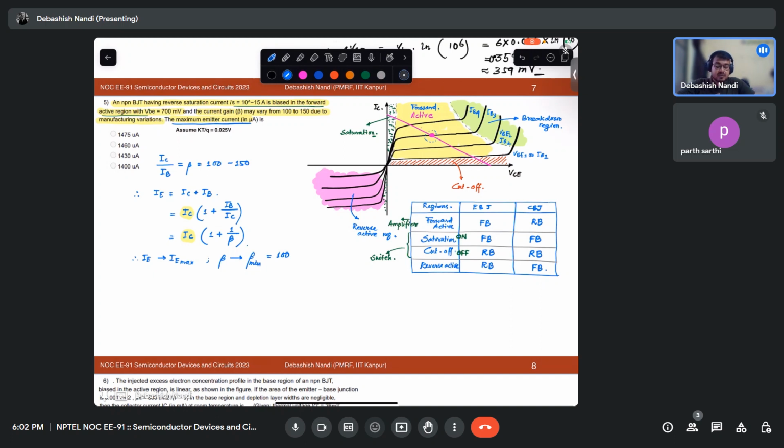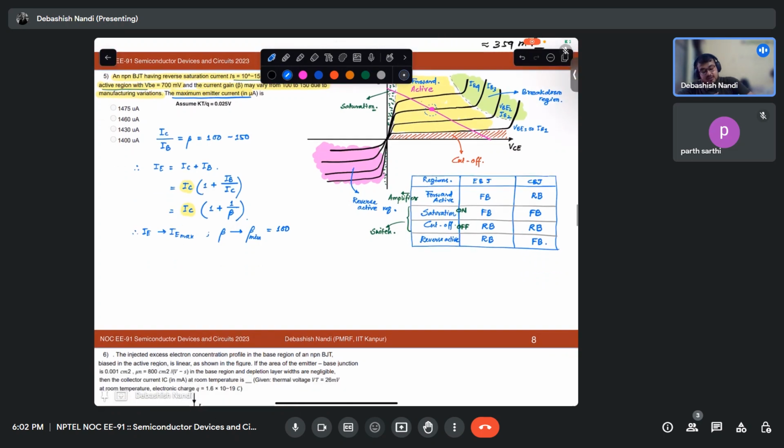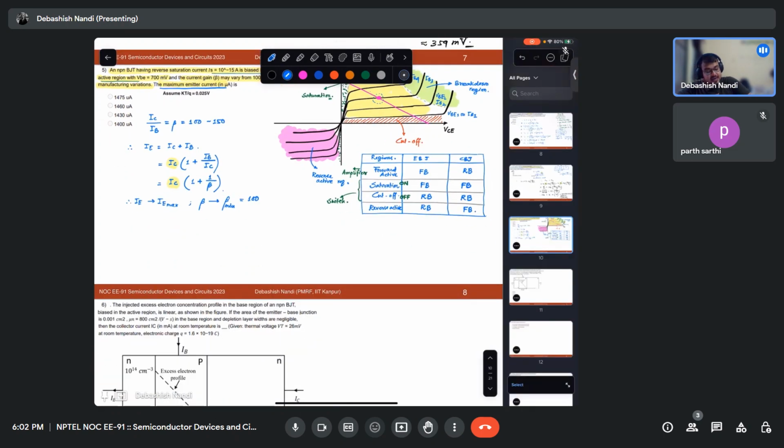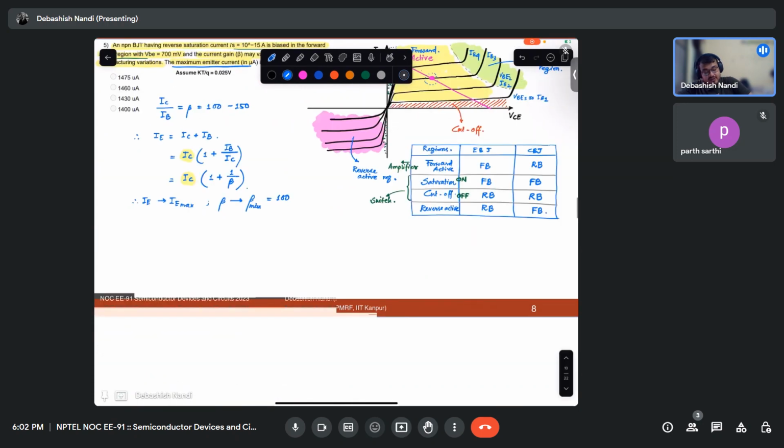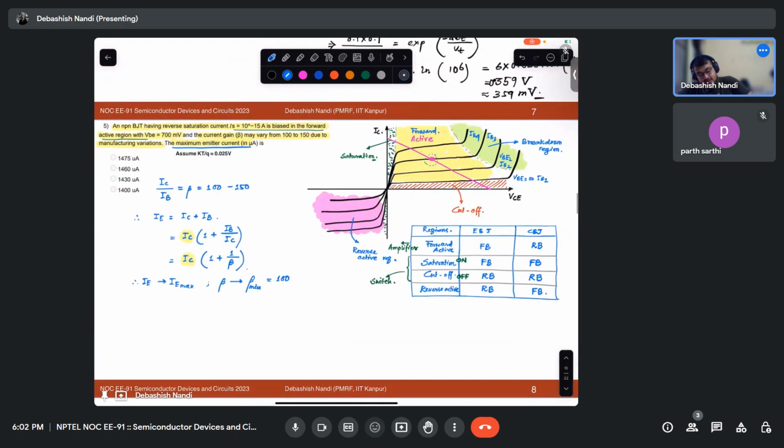Can you try to answer this question? See, the reason we are following this is that in the forward active region, if my transistor is biased in the forward active region, then what is your IC? Your IC is almost constant, right?